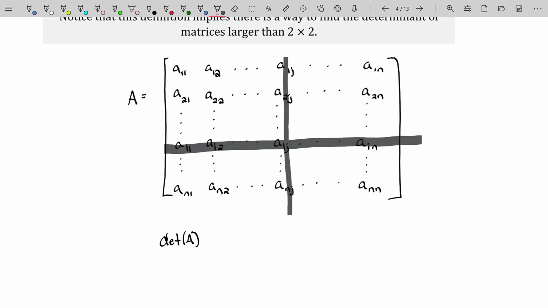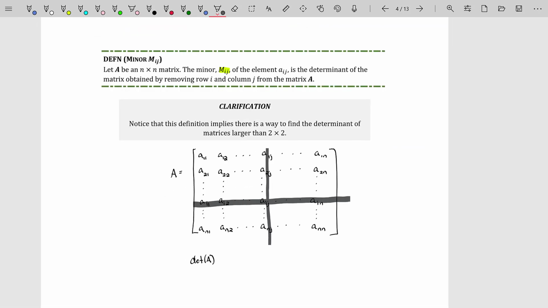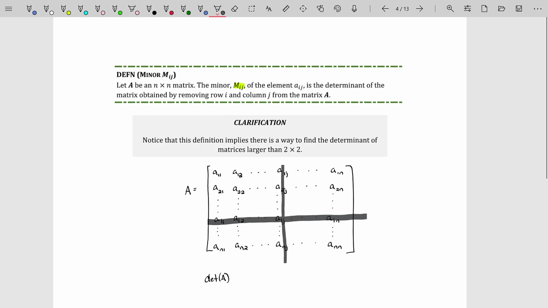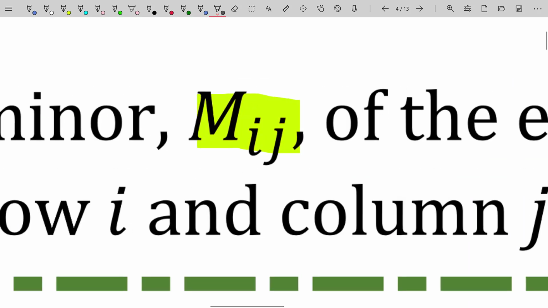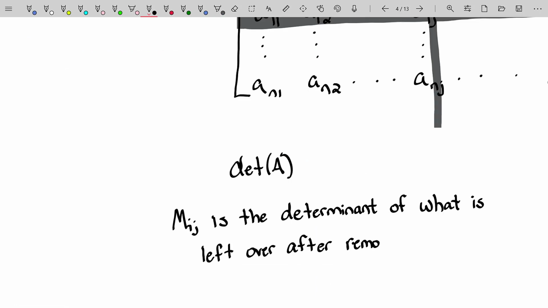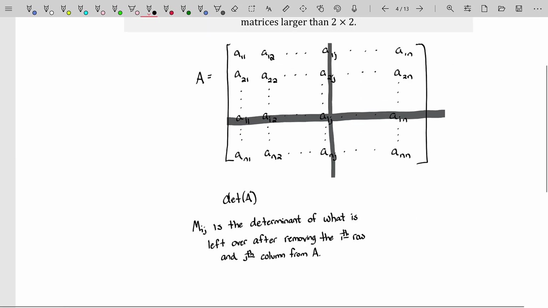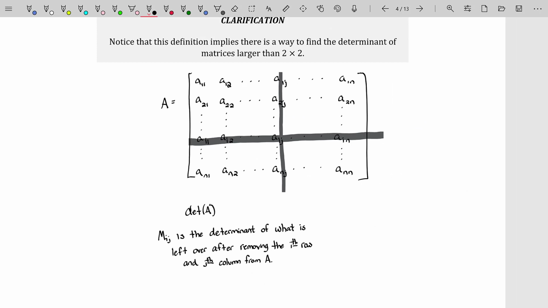And the determinant of that new matrix we are calling the minor of the element A sub ij. And we denote that determinant m sub ij. So m sub ij is the determinant of what is left over after removing that ith row and jth column from A. Again, we still don't know how to compute the determinant of such a large matrix, but I promise you we will get there. We just need this conversation first.